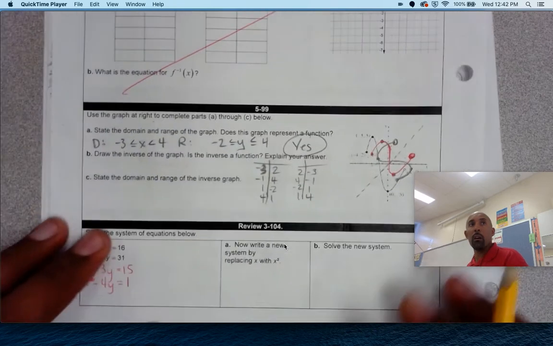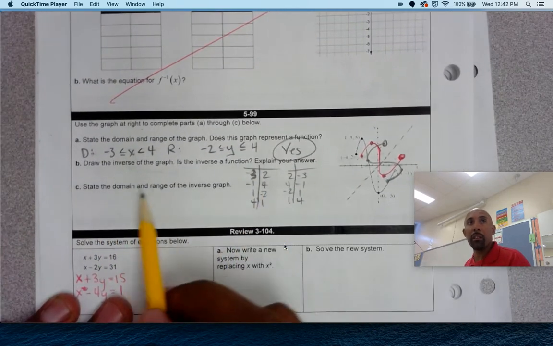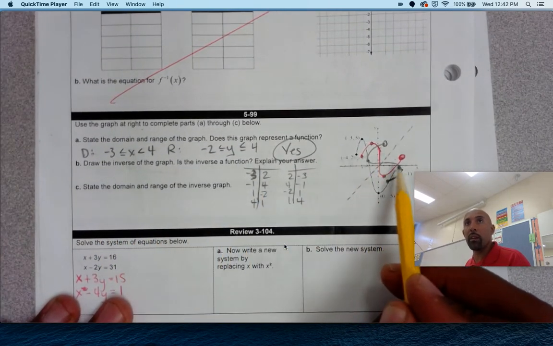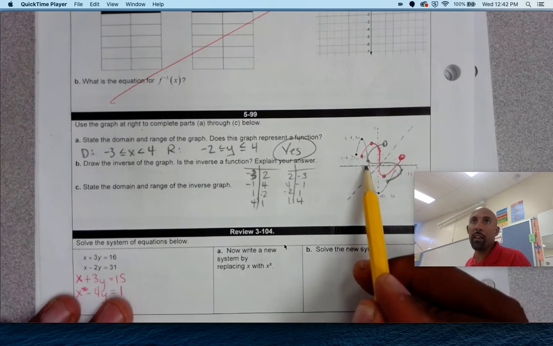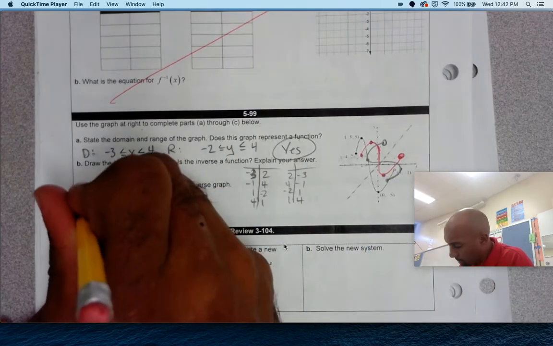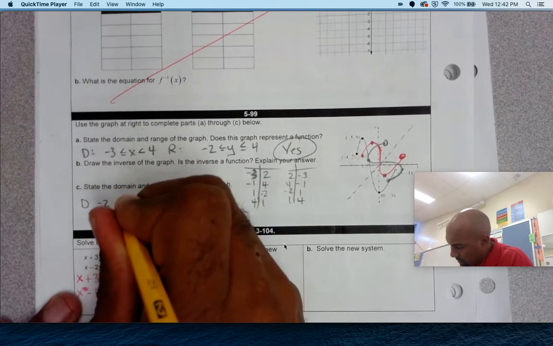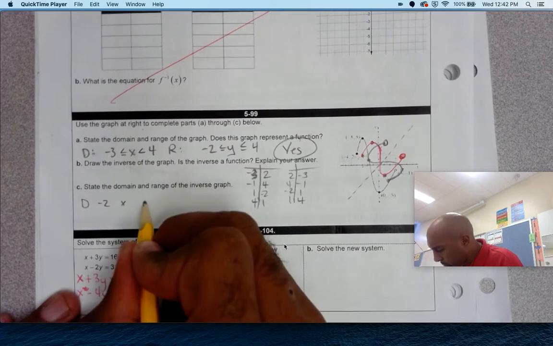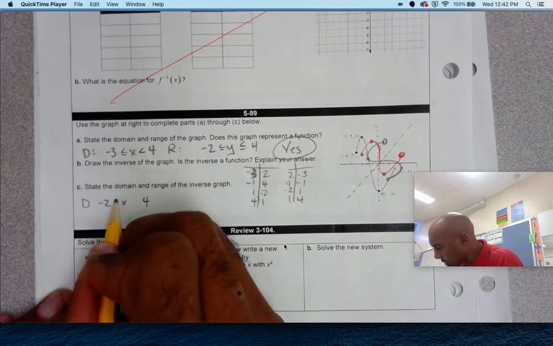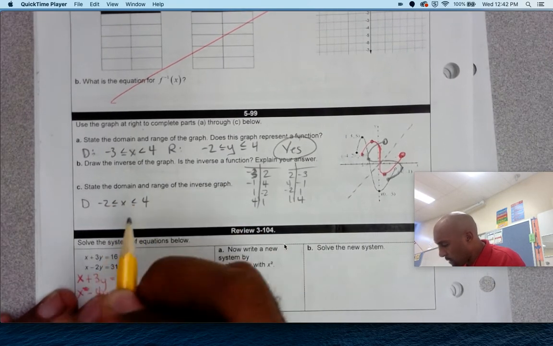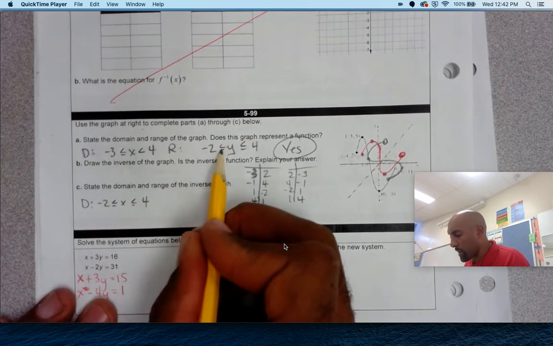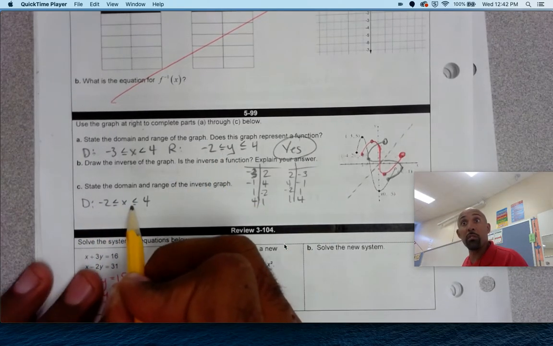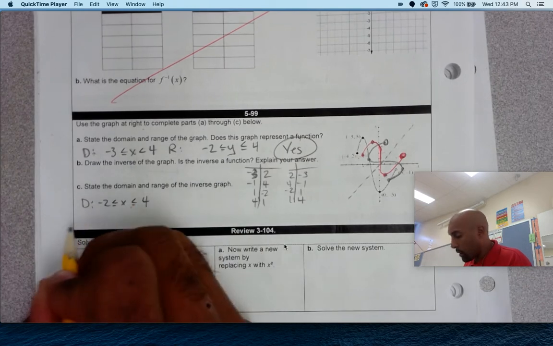Okay, all right, so now state the domain and range of this graph. Well, this graph goes all the way to the left at -2 for domain, and then goes all the way to the right at 4. Hint, hint. Remember that the domain and the range of the inverse functions are pretty much swapped.